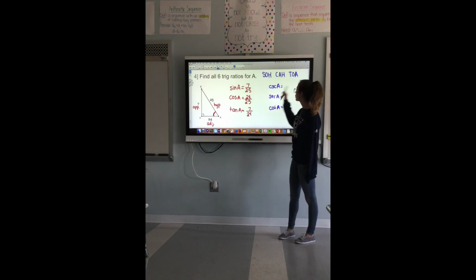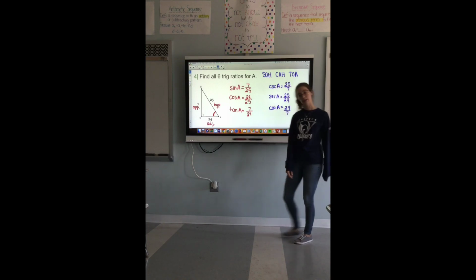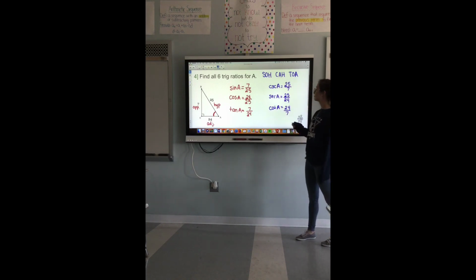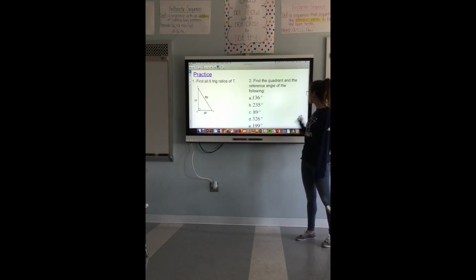So instead of 7 over 25, 25 over 7. Instead of 24 over 25, you flip it, 25 over 24. Same thing here, you flip it. So 24 over 7. And that's going to be it.